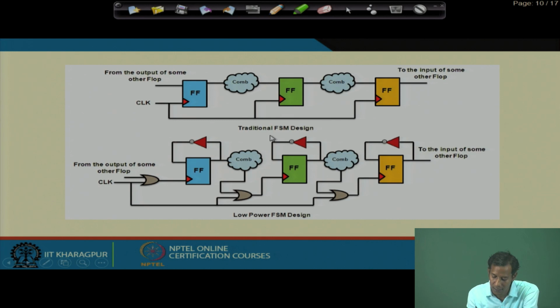Here you see, in the traditional FSM the clock is connected synchronously to every flip flop. But if I ask you to design one low power FSM, the same FSM for a low power application, it will not be the same.